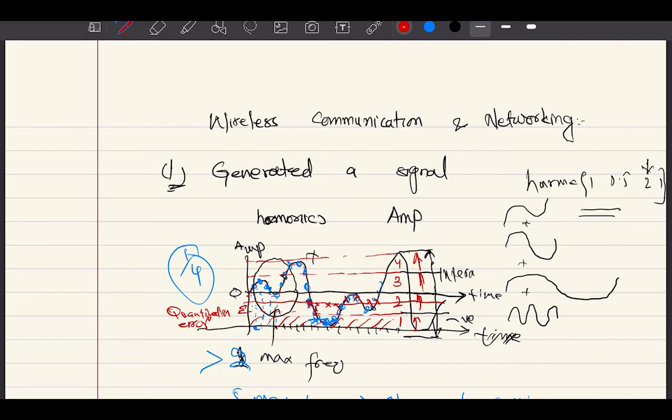So you have to wisely choose the quantile intervals so that you have minimum quantization error. There will always be some quantization error. You cannot make it zero, but you can bring it to a minimum value. And likewise, you will do the quantization for this level and also for this level.